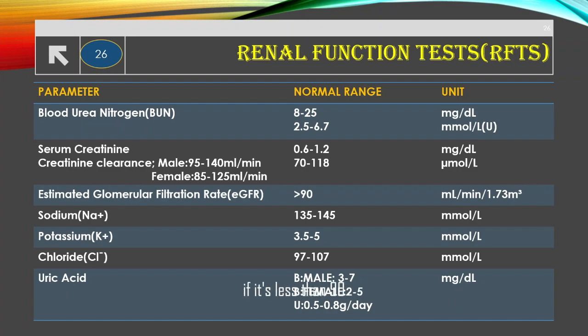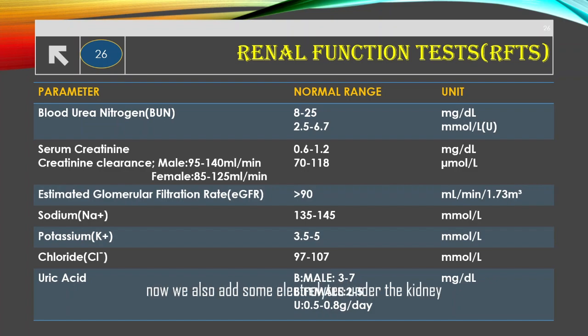If it's less than 90, then we are going into what is called AKI. This is also used in CKD. If you are grading CKD, you usually use the glomerular filtration rate. Very, very important to remember. That is for the estimated glomerular filtration rate.